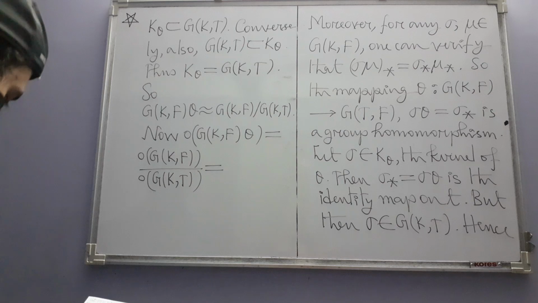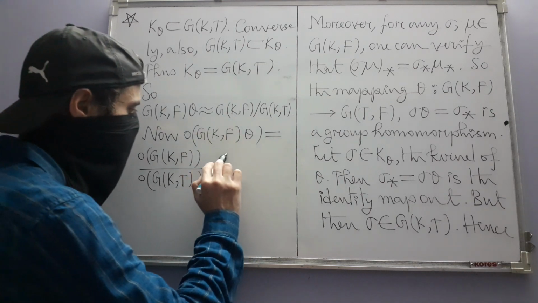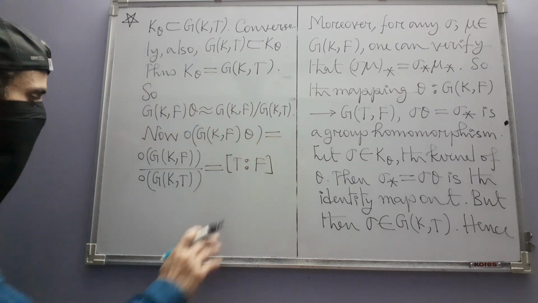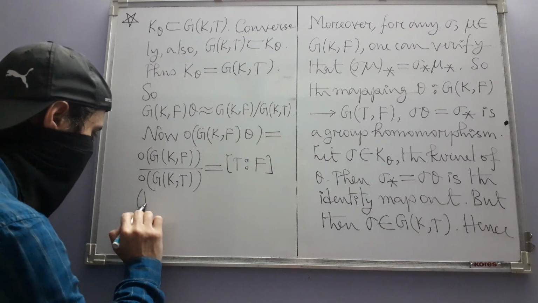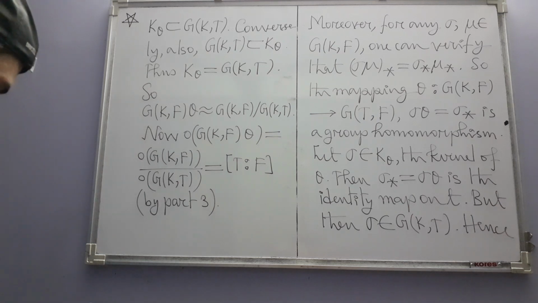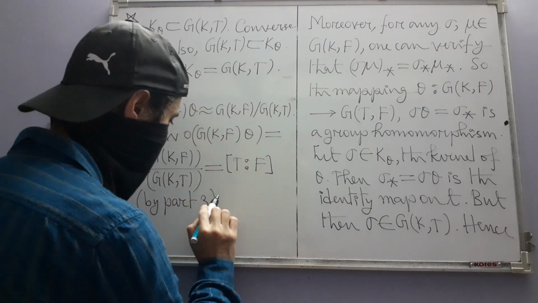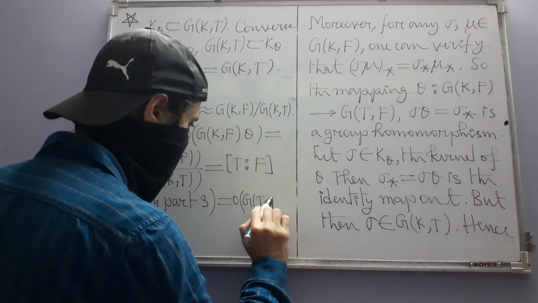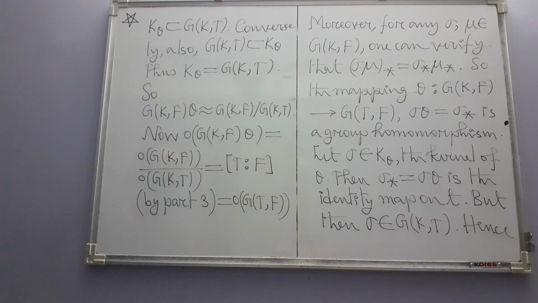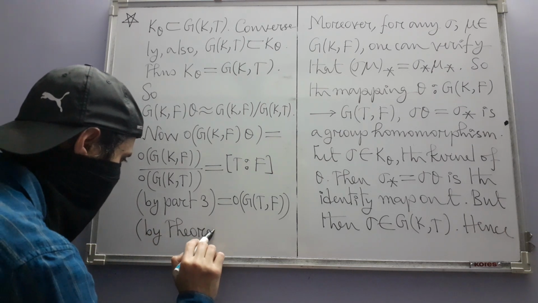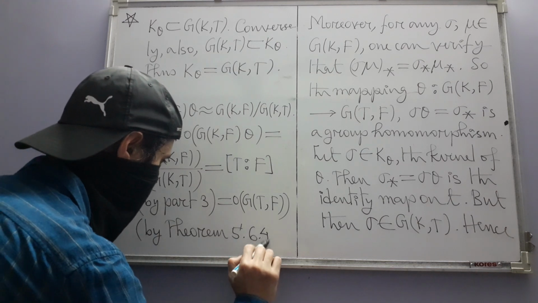However, this thing is equal to the degree of T over F, and this is by part 3, and this degree is nothing but the order of the group G(T, F), and this is coming from theorem 5.6.4.